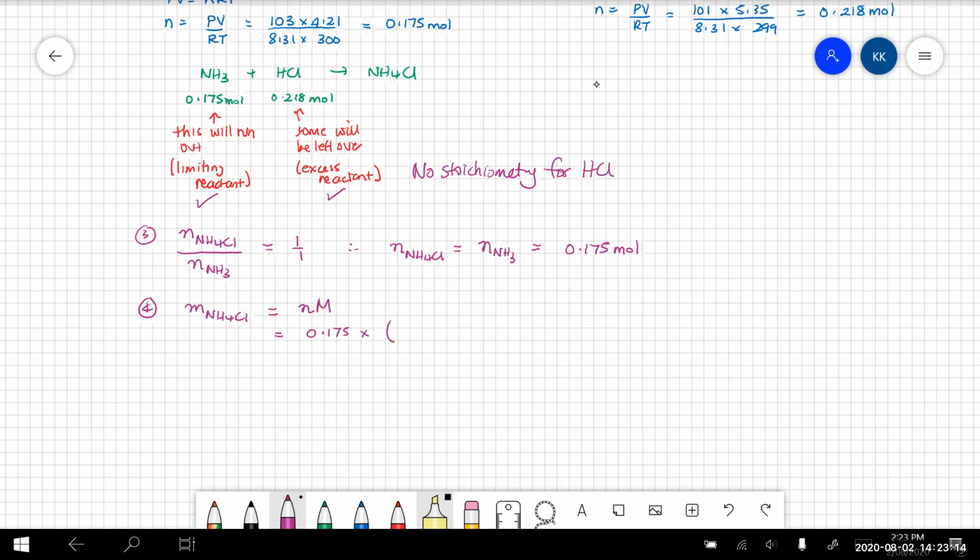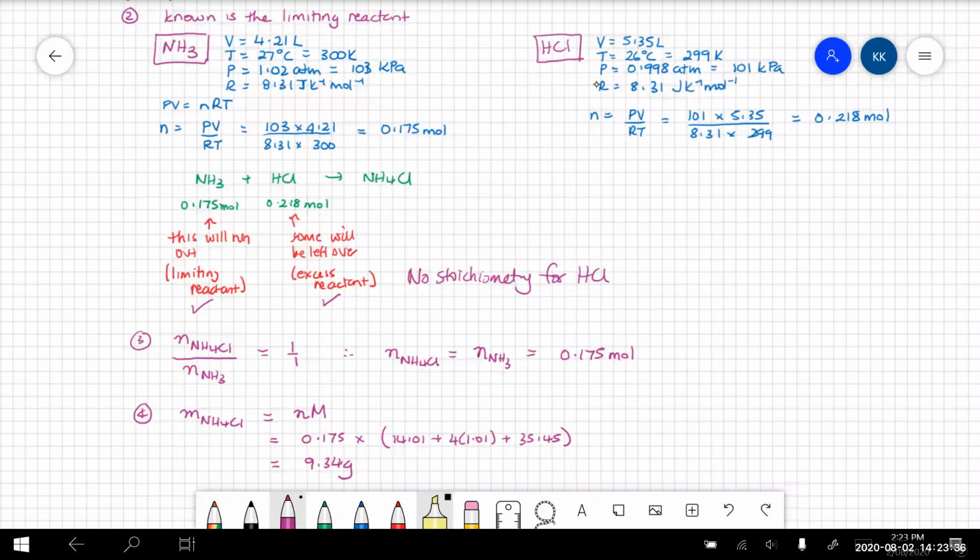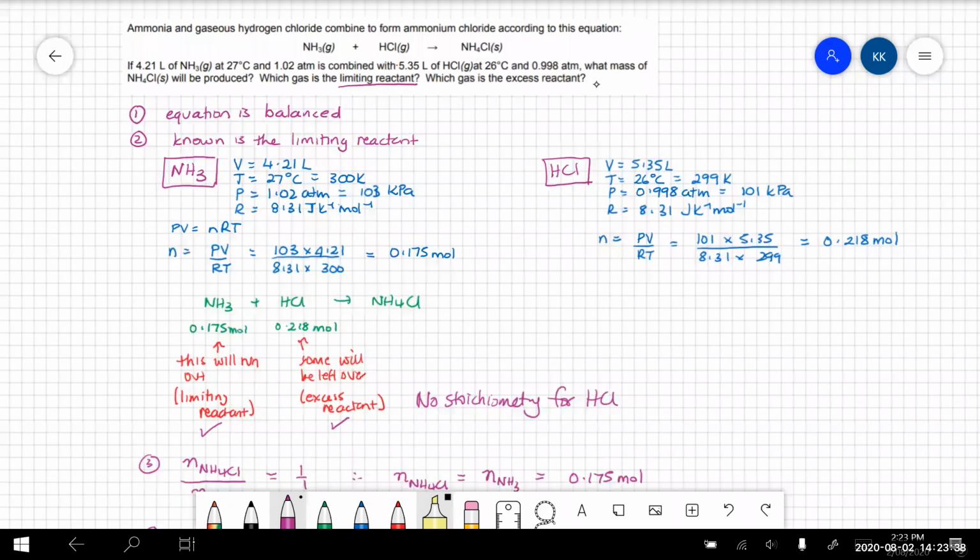Your molar mass is going to be 14.01 for nitrogen, plus 4 into 1.01 for hydrogen, plus 35.45 for chlorine. And that comes to 9.34 grams. All done, all solved.